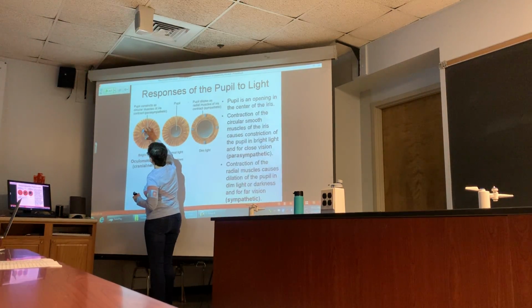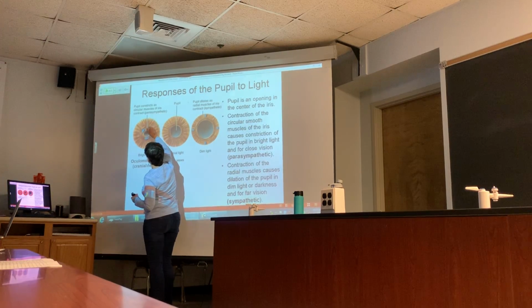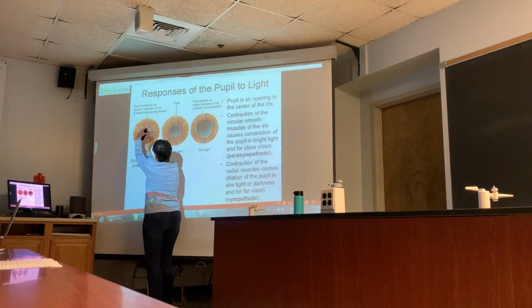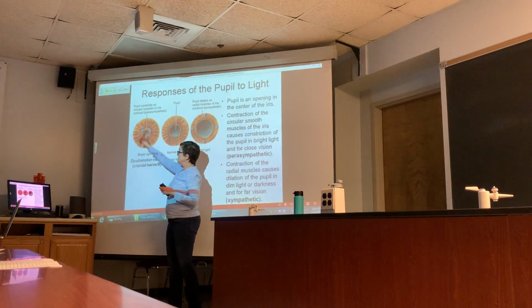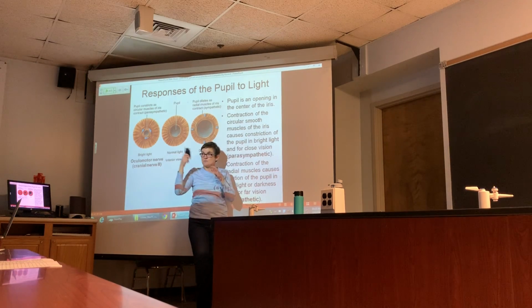When it is stimulated by the parasympathetic division, it contracts, and that smooth muscle contracting actually constricts the opening. So you have less light, and that way you protect your eyes if it's bright outside.